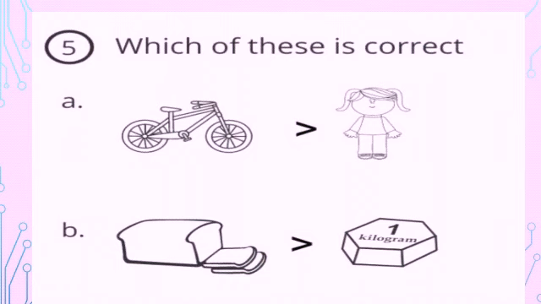Here it is written cycle is greater than the doll. And option B, a slice of bread is drawn here and 1 kilogram is there. So slice of bread greater than 1 kg.